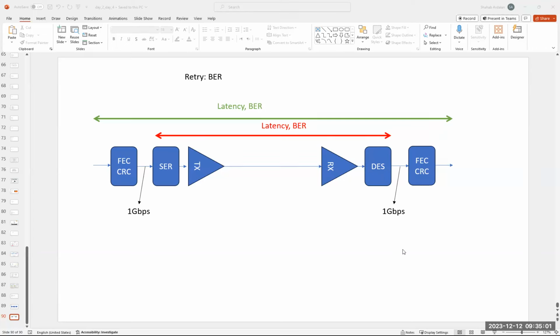We're going to have different levels of latency with respect to the bit error rate. What we were thinking was to have 2 levels at least, plus 1 level of the retry.